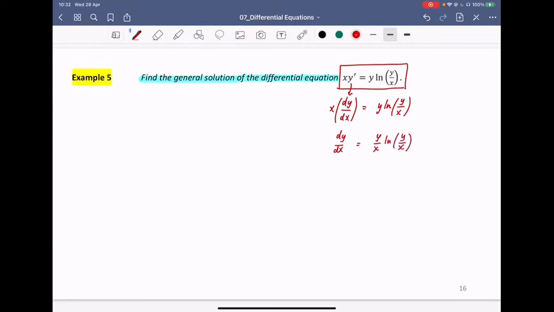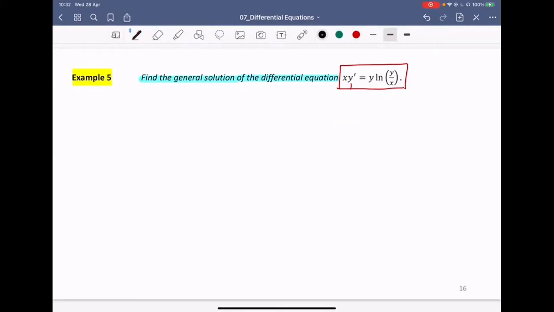This is not a separable equation because you have y over x inside the log function, and you cannot separate it. It is not easy to move x to one side and y to the other and be done. So what you can do now is simplify it and do the homogeneous technique.